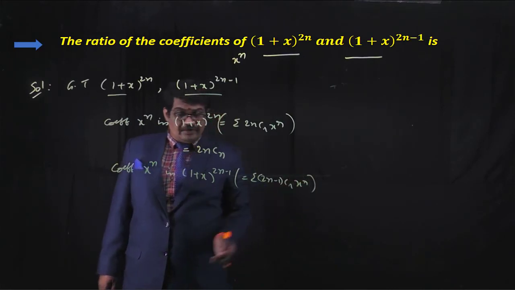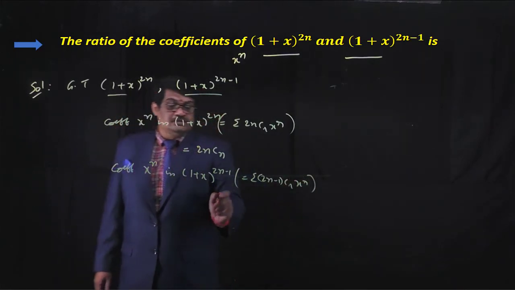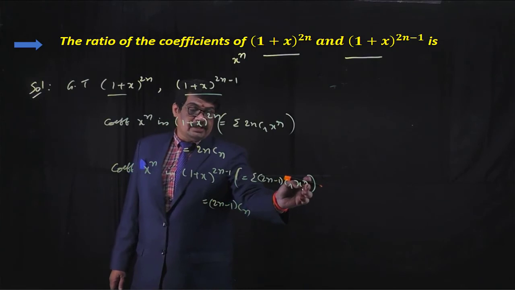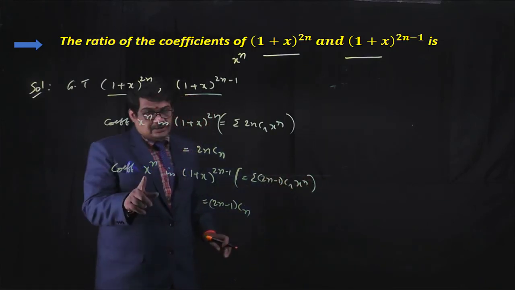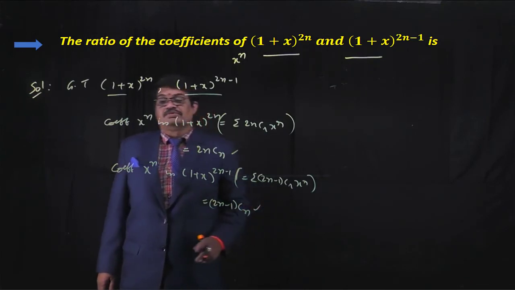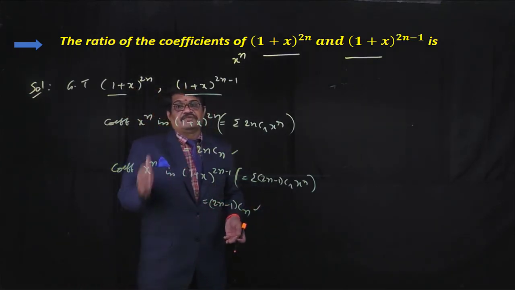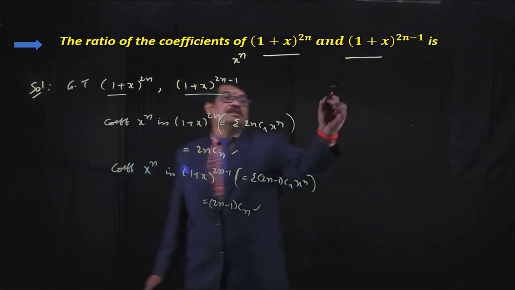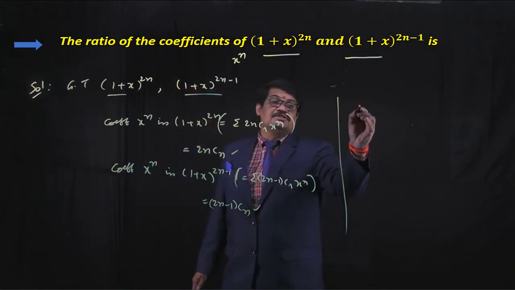Taking r equal to n, we get 2n minus 1 Cn. Now we have to find the ratio of these two.